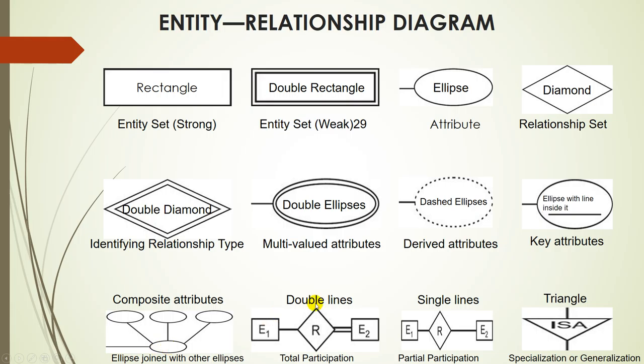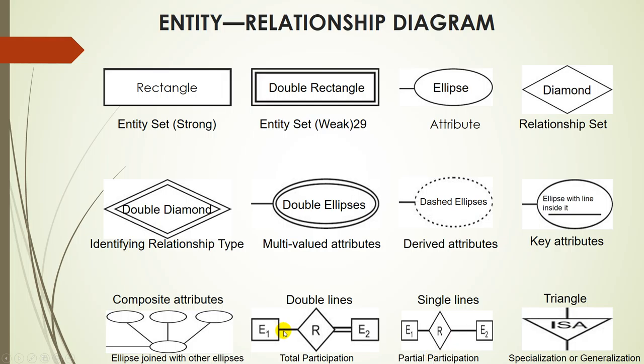And the double lines we use as total participation, and the single line as partial participation. This is total participation, and this is partial.